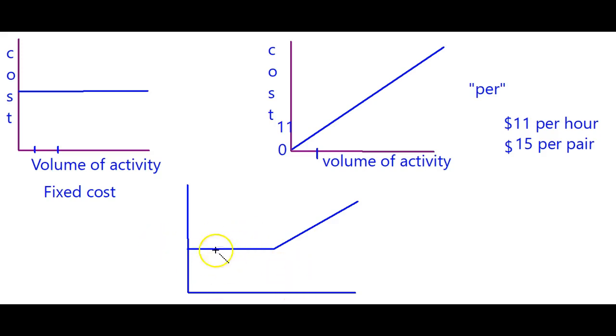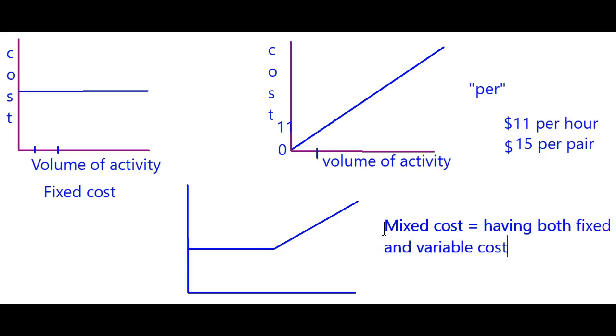So I have a fixed cost and a variable cost in order to find my cost. This right here will be considered a mixed cost. It just has both fixed cost and variable cost here.